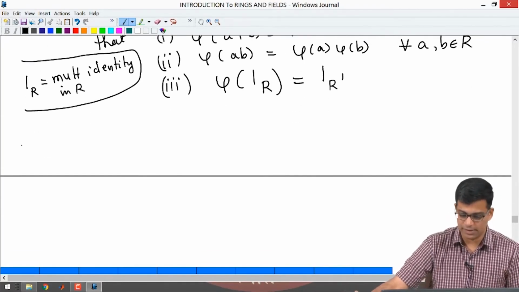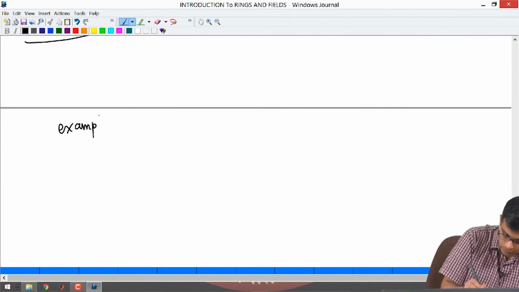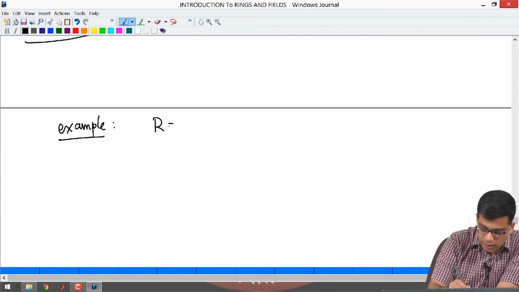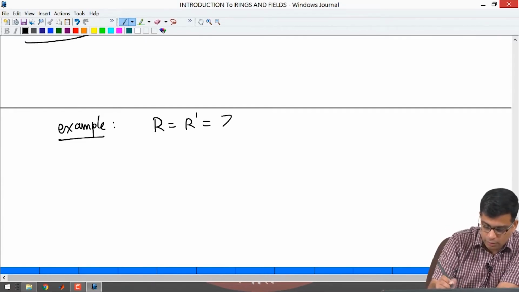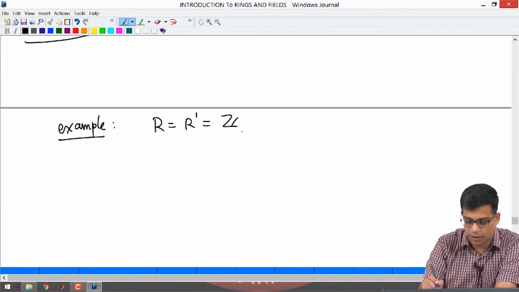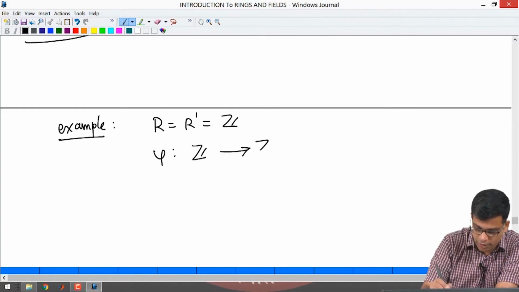First, as an immediate example, let us look at R and R prime both equal to the ring of integers, Z. What is a ring homomorphism?